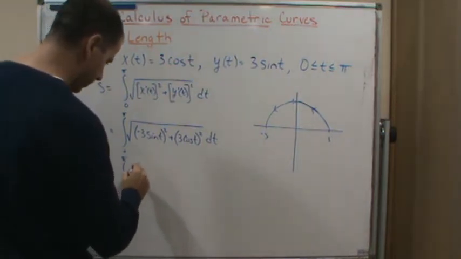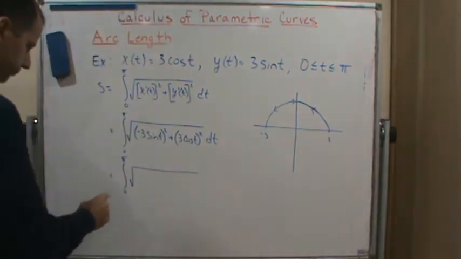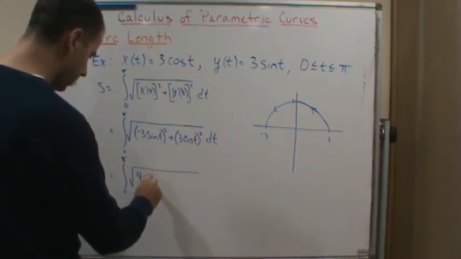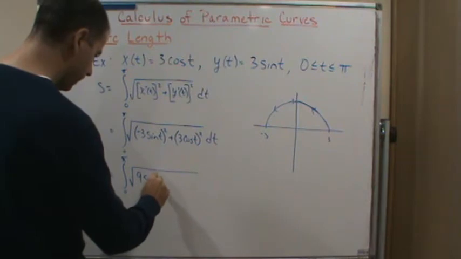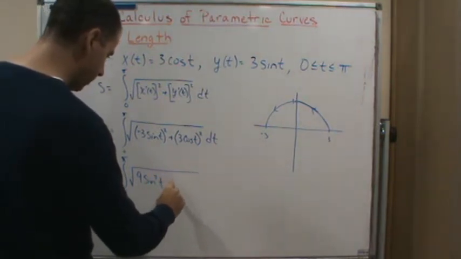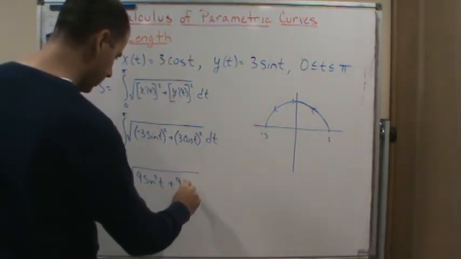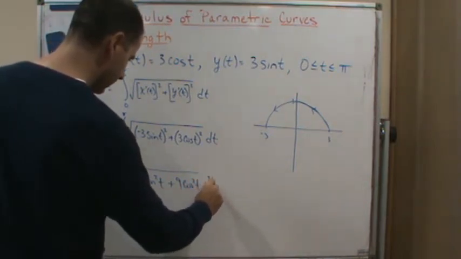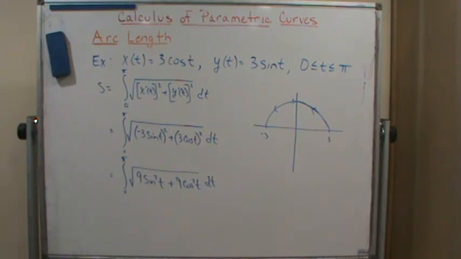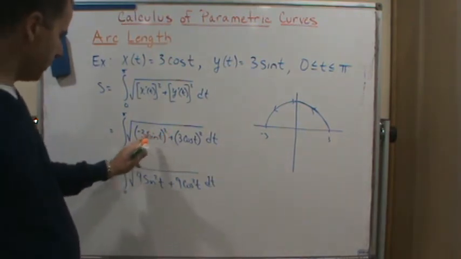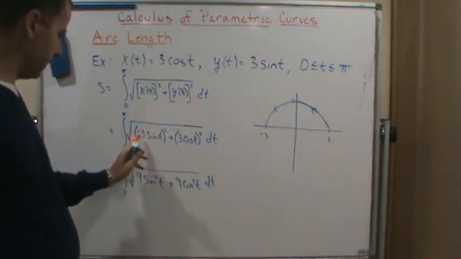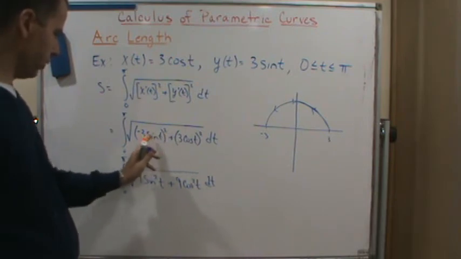Okay, so this is going to give me 9 sine squared t plus 9 cosine squared t dt, right? All I did was distribute the square, using the power rules for exponents, so that should be easy to see.